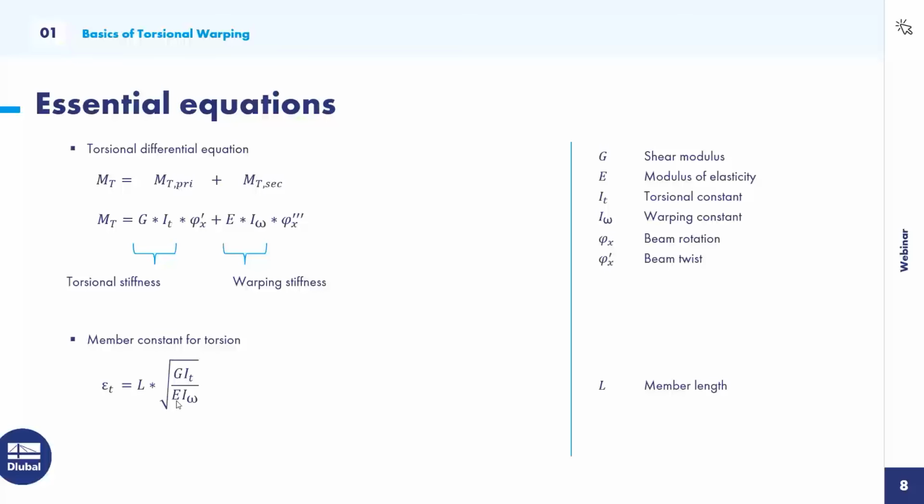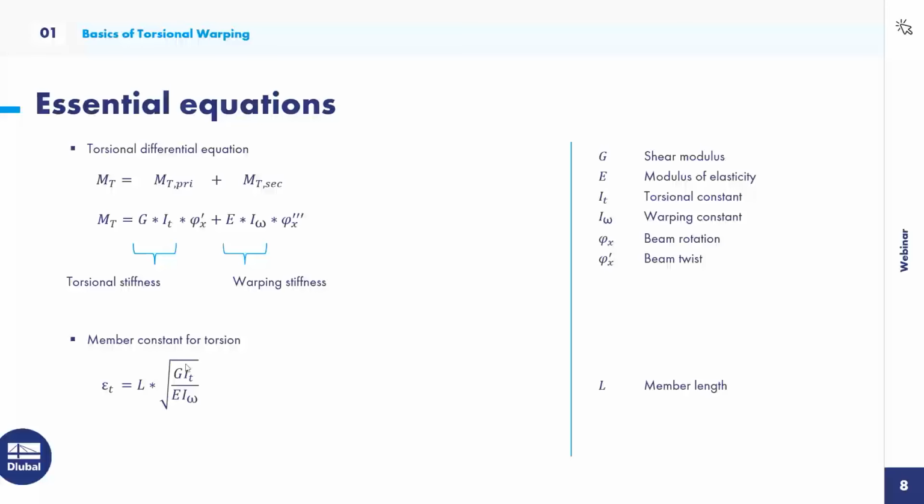The greater the decay factor, the faster the secondary torsional moment is reduced in the vicinity of a warping restraint. We will try to check if this holds in the RFEM calculation within the first practical example later.